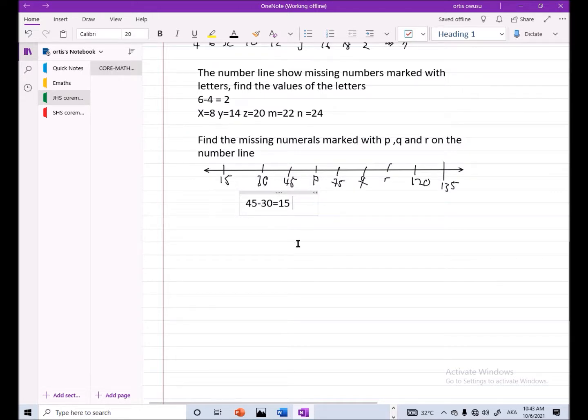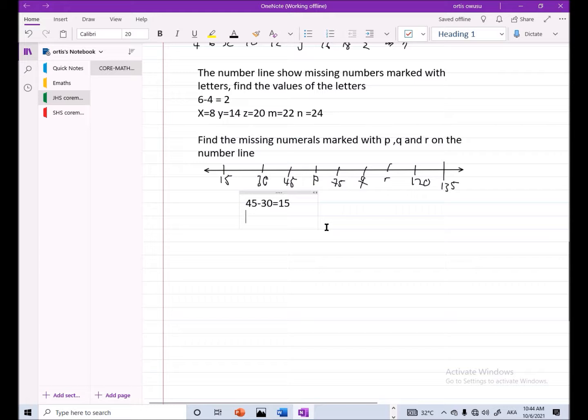Okay, so if I know my 15 difference, how do I find my P? This is how I find my P. If I have the 15 difference, it means that 15 plus 15 gives you 30. 30 plus 15 gives you 45. So 45, I'm going to plus 15 will give me P. So P is equal to what?